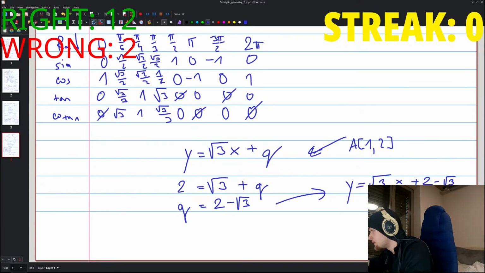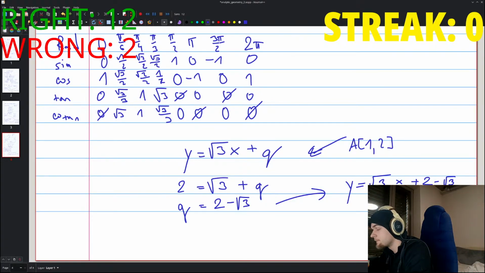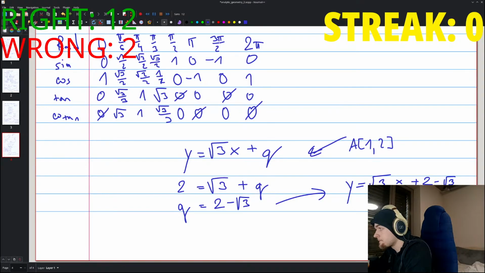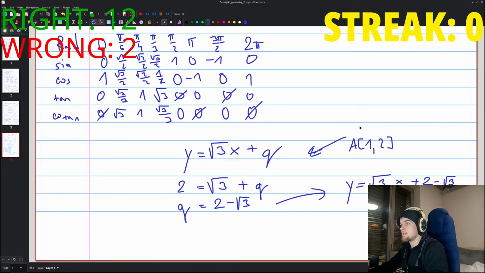We get y is equal to square root of 3x plus 2 minus square root of 3. What's the angle again?